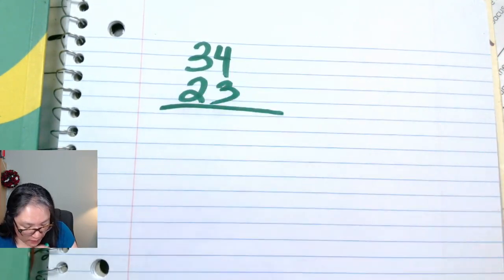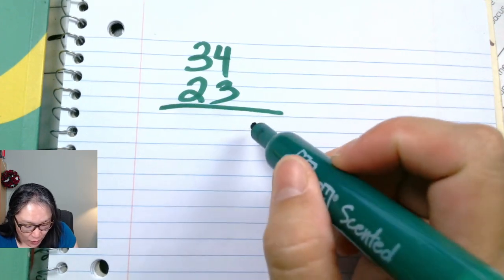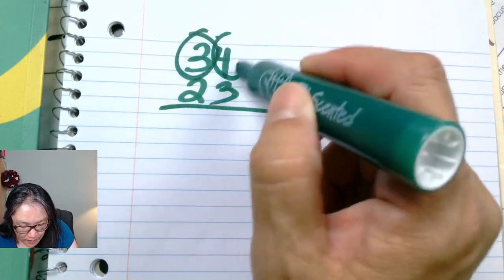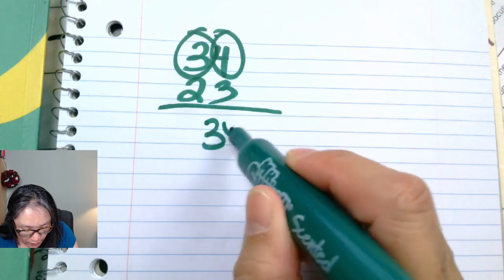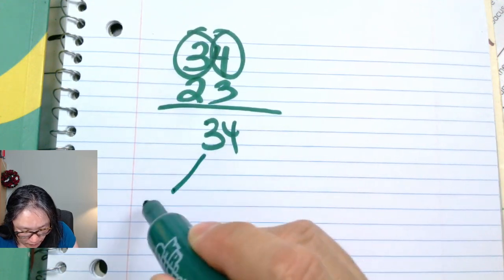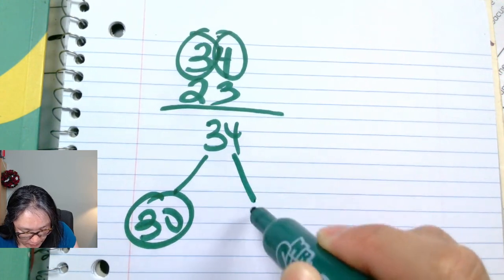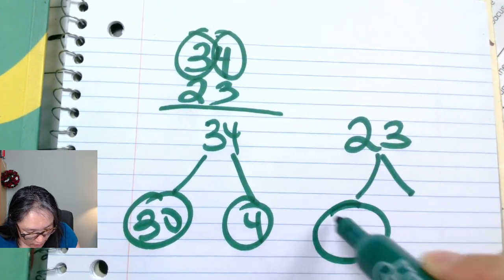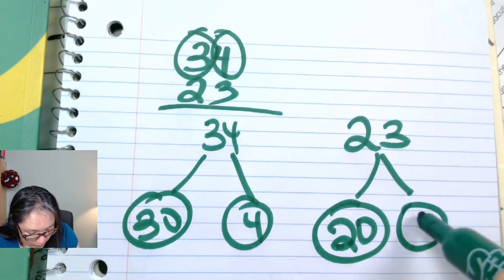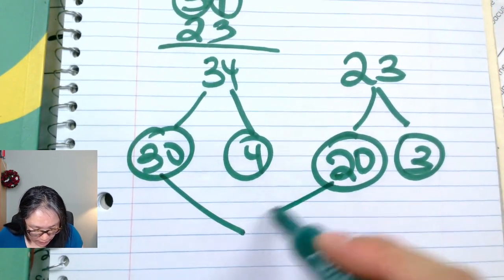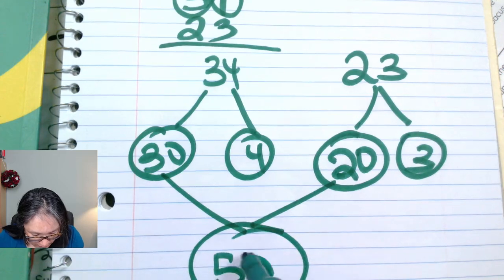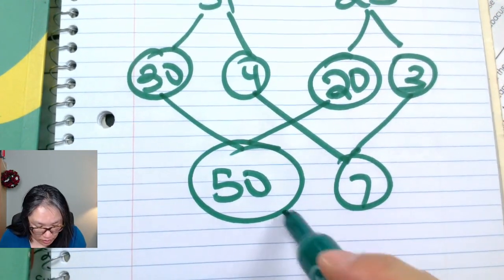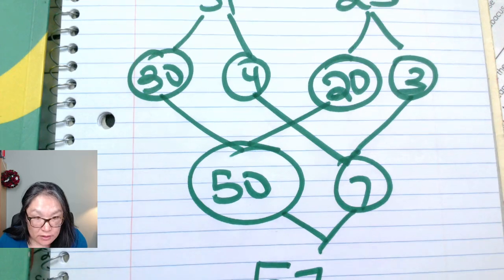But the teacher was explaining another way with number bonds. They would break 34 into 30 and 4, and 23 into 20 and 3. Then you add these together to make 50, and these together to make 7, and combine the two to make 57.